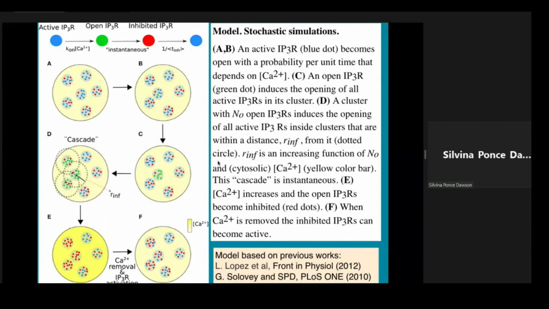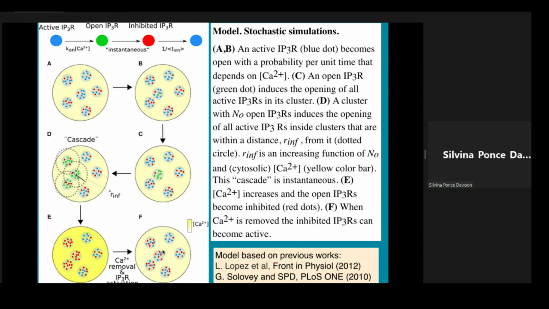What we then analyzed was a very simple model in which we tried to mimic very simply what's going on in the experiment. We assumed that there were clusters of calcium release, and that one cluster opening could induce the opening of nearby clusters, and then we looked at the size of the cascades.